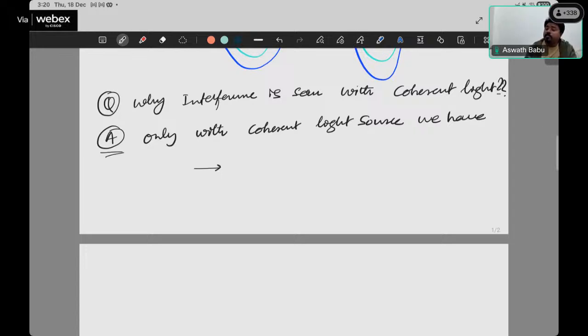By nature, coherent light rays all come in a streamline. But even incoherent light can have streamlines, so it is not the deciding factor, though streamlined light rays will be there.